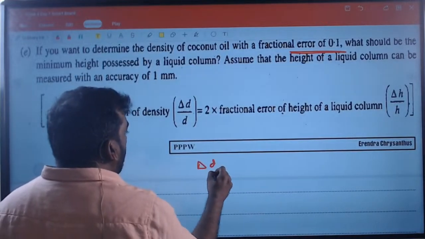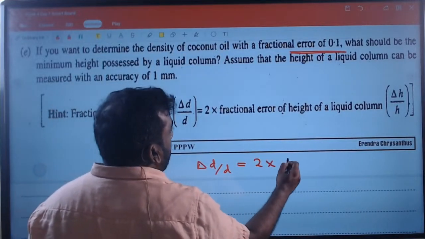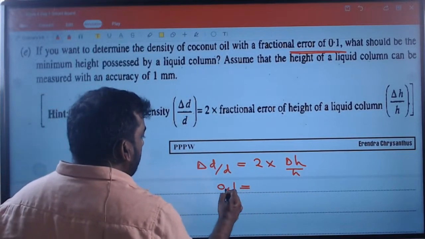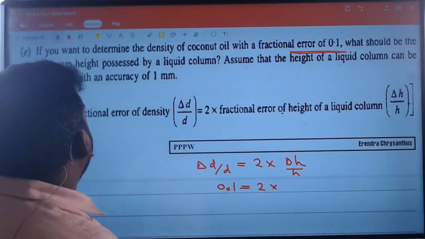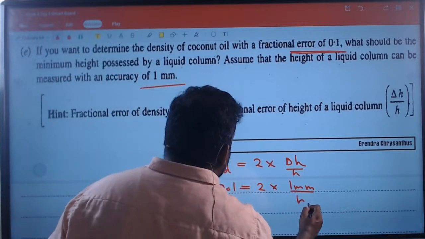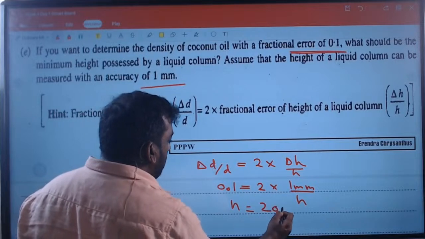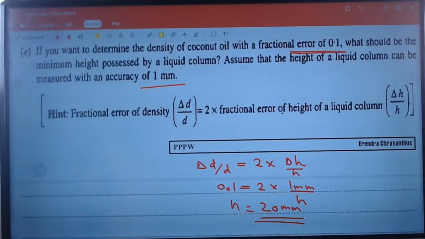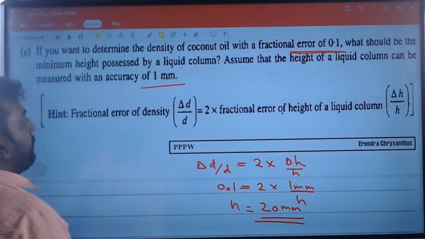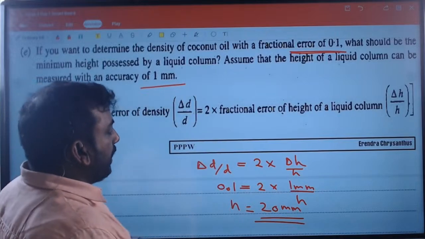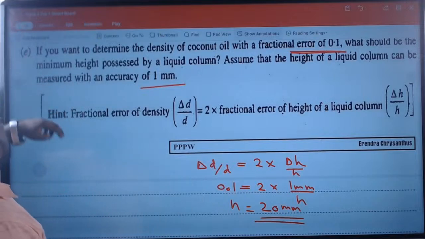So delta D over D is 2 times delta H over H. This is 0.1. Height measured to accuracy means least count, 1 millimeter. H equals, very simple, 20 millimeters. They have given you this equation, so don't worry. From there you can find the actual height, which is 20 millimeters.